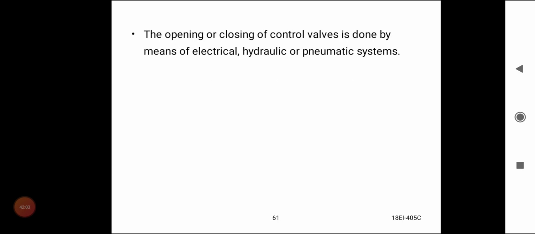The opening or closing of the control valves is done by means of electrical, hydraulic or pneumatic systems.